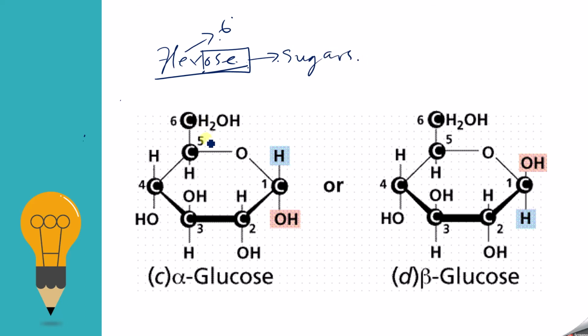Here you can see that it's got 1 carbon, 2 carbon, 3 carbon, 4 carbon, 5 carbons, 6 carbons. It's got 6 carbons in total, and the hex is referring to the number of carbons. Same for beta glucose, same for alpha glucose.